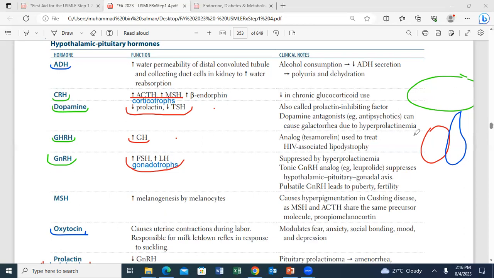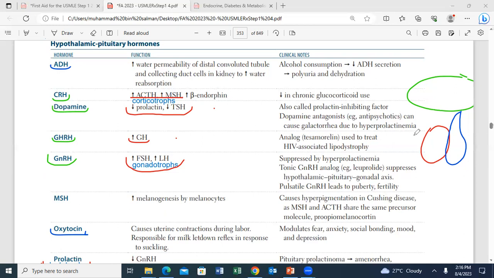So we basically attach a machine which injects a certain amount of gonadotropin releasing hormone after 90 minutes or after some time. Because continuous gonadotropin releasing hormone will have decreased effect, or in fact a vice versa effect. So this is a very interesting thing. Pulsatile secretion is not a very unique phenomenon.